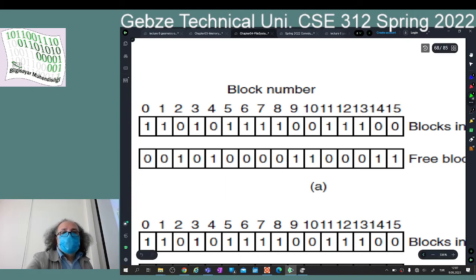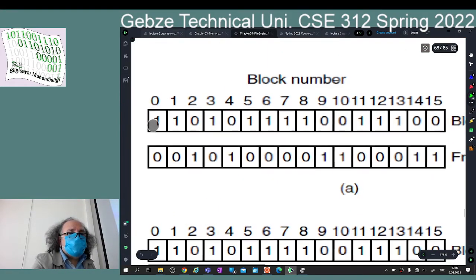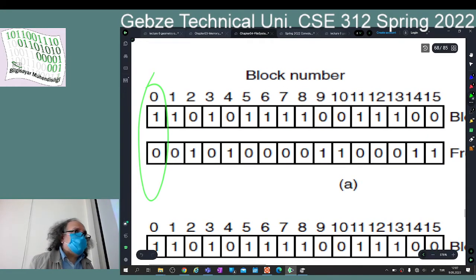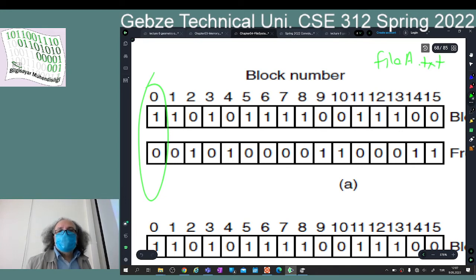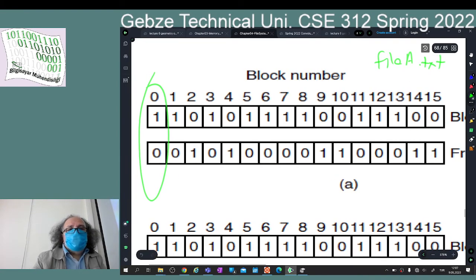For block number 0, these two numbers will represent how many times I have seen this block in a file. I will scan all the files. Let's say file a.txt.